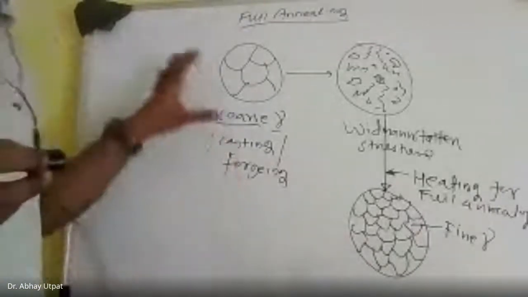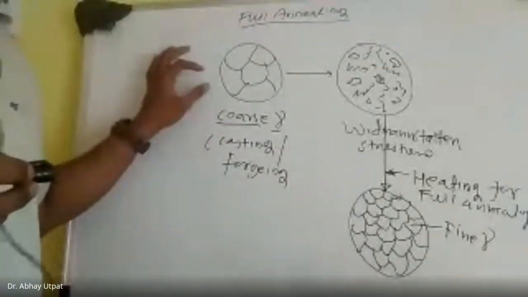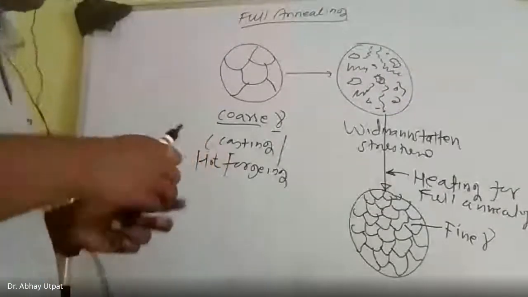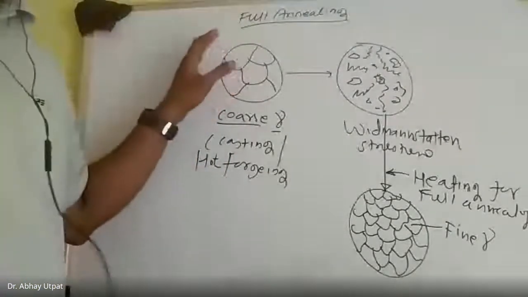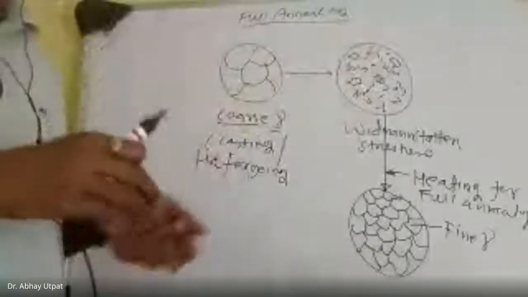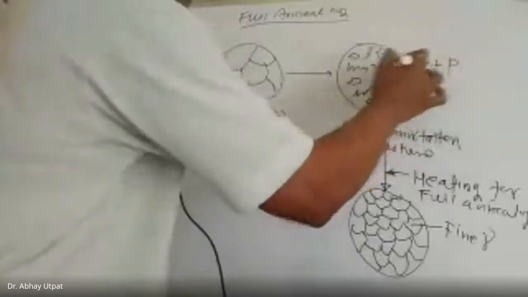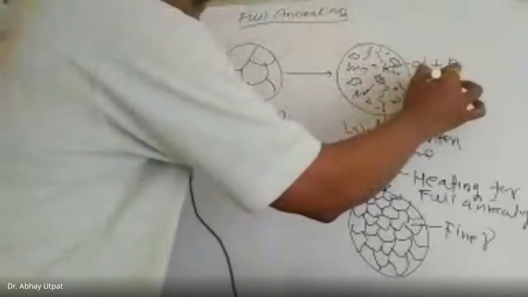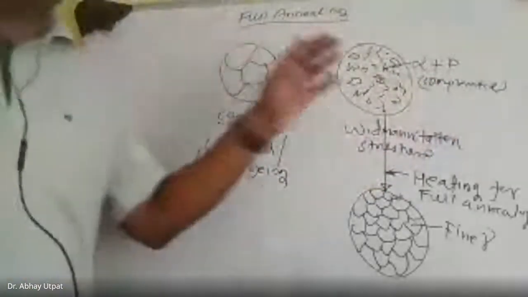I repeat once again, this structure is formed immediately after solidification of casting or when you are doing hot forging. Hot is the important word. In hot forging, this coarse austenite is produced. If you cool that structure in air, you will get the complicated Widmanstatten structure, alpha plus beta, which has poor properties.